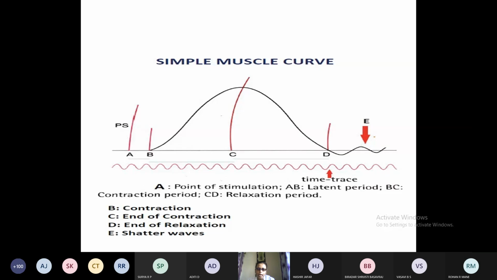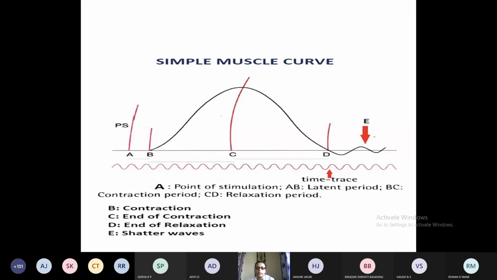With the help of these two components, these properties are recorded with the help of the student physiograph. The physiograph consists of the rotating kymograph. This rotating kymograph is coated with white paper, and it has a proper instrumental arrangement on which the lever is mounted.